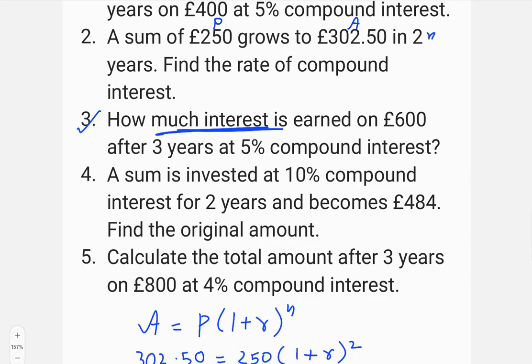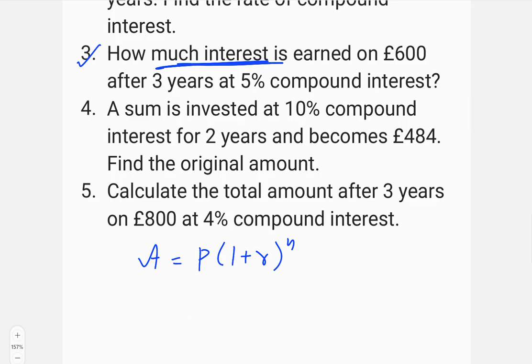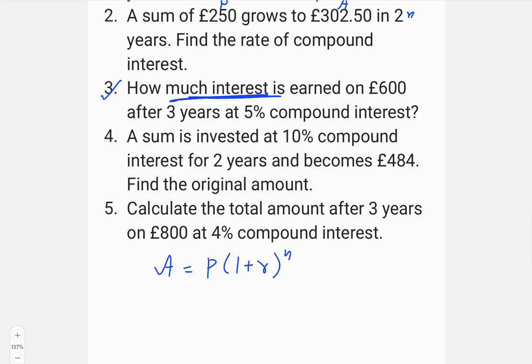Yes. So first, since there's only one formula here in compound interest, which is the formula for amount, you first have to work out the amount. Only then can you work out the compound interest. So it says how much interest is earned on 600.